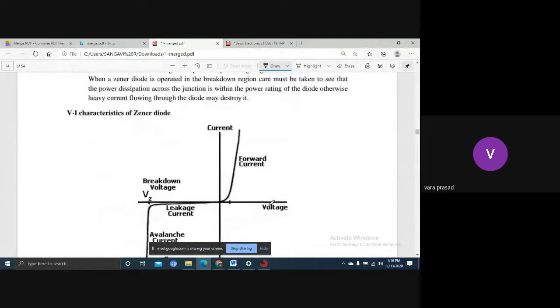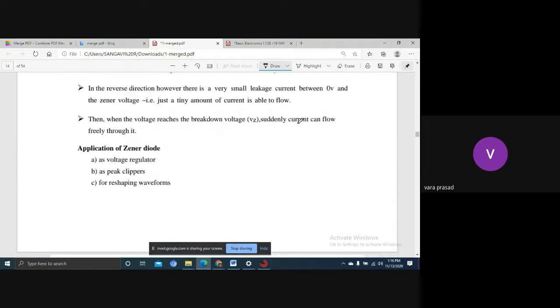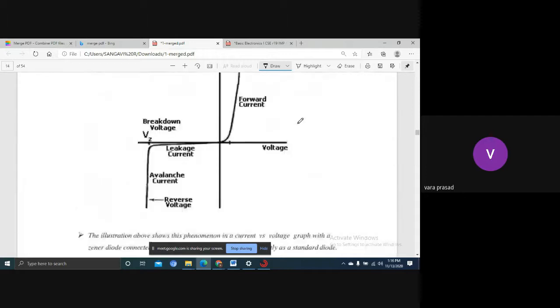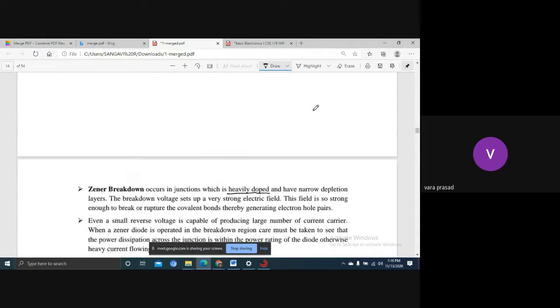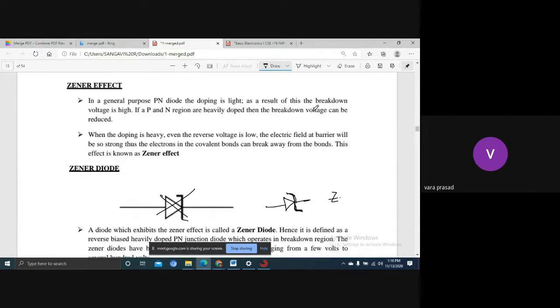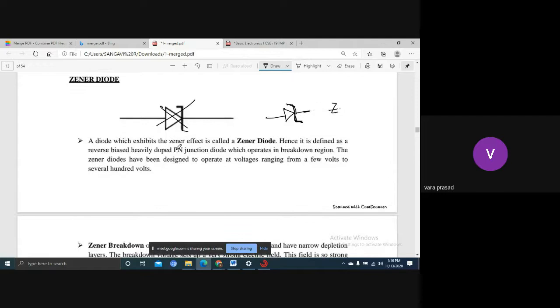Operation, everything. Okay, circuit symbol. For example, if they ask the operation, previously what you've seen in PN junction, the same thing we can see here also. Same thing. But the circuit symbol will change. Listen carefully. Zener diode, if they ask the operation or biasing of Zener diode, the symbol will change.